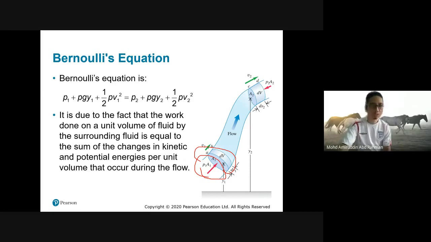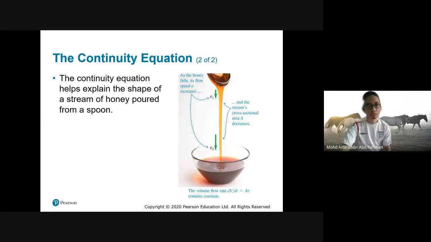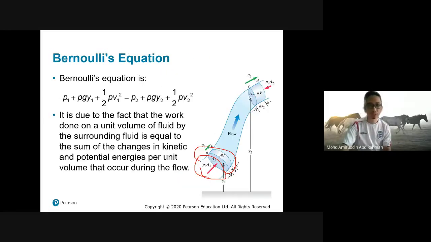Bernoulli's equation is actually an expansion from the continuity equation. We had the flow there, and then the pressure over here will be P2 and ρv2.